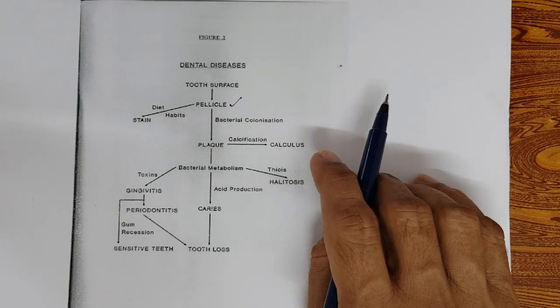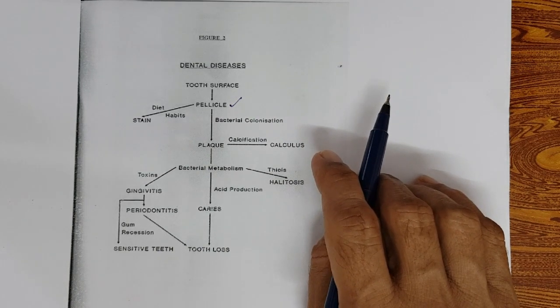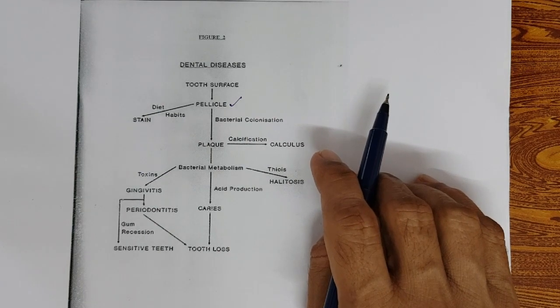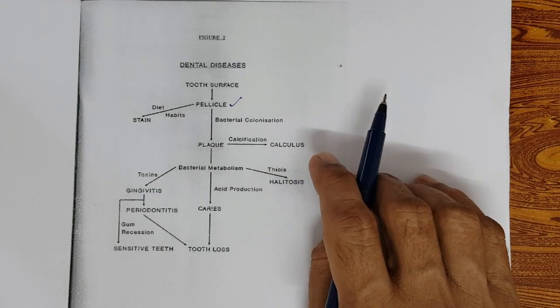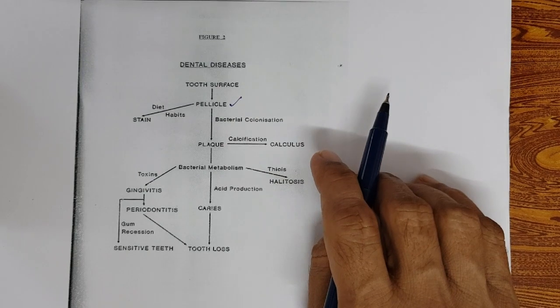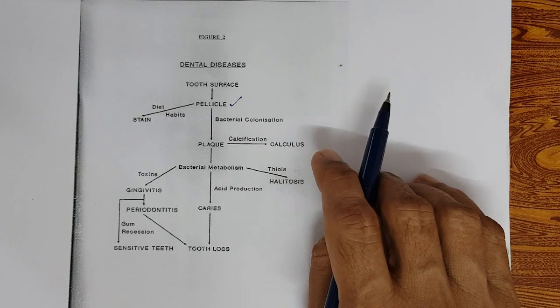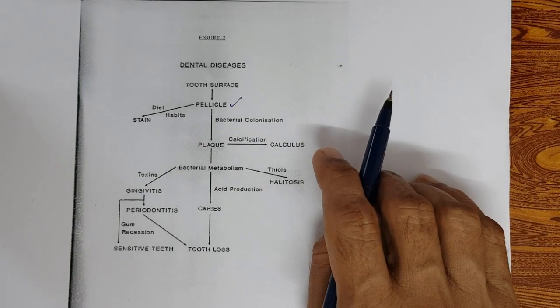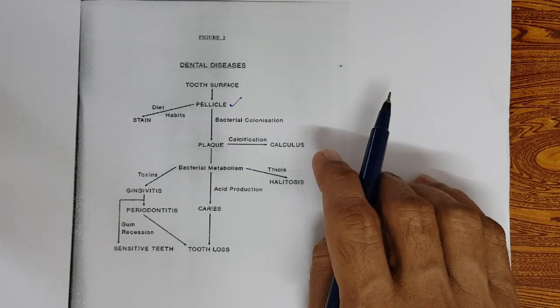It forms in seconds after the teeth is cleaned. It also has a protective action from acids produced by microorganisms after consuming the available carbohydrates. When microorganisms consume the available carbohydrates, acids are produced in the process, and those acids can decay the teeth, and the pellicle has a protective action against that.